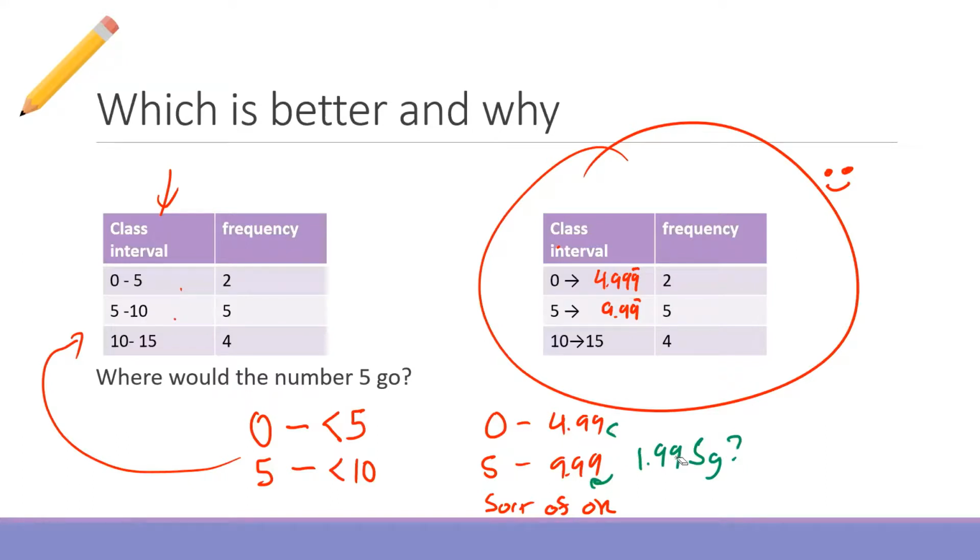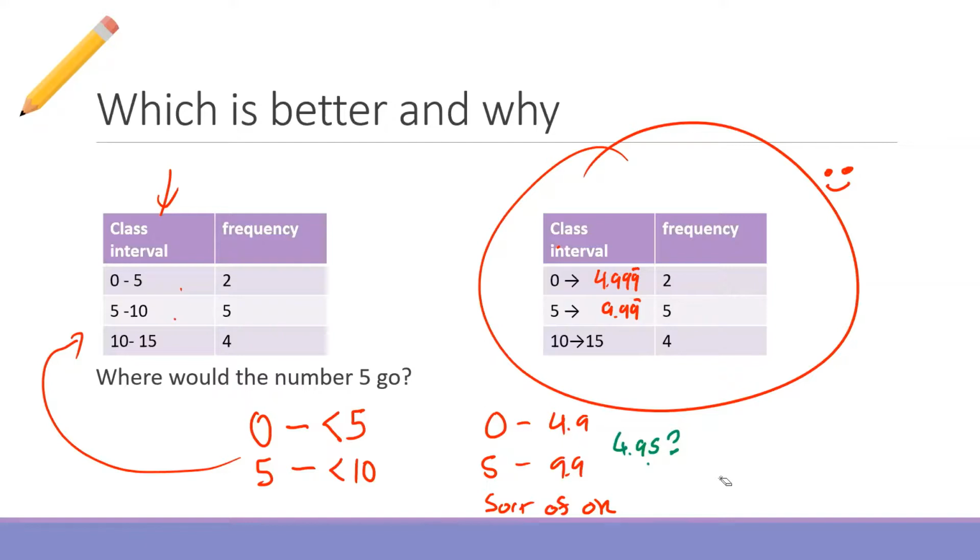So if you guys see this one, you should probably be like, oh, okay, it's not that bad. It's not the end of the world. But again, if you get 4.95, where does it go? So that's how these work.